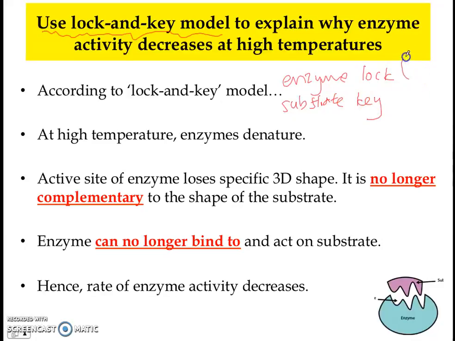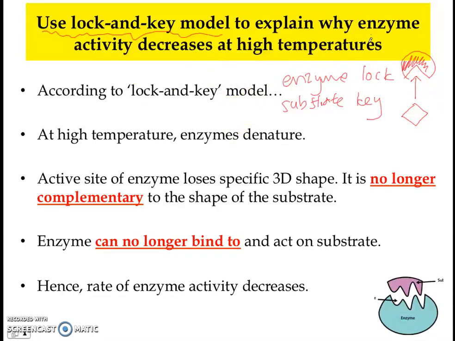The enzyme has an active site that has a three-dimensional shape which is complementary to the substrate. The substrate is able to fit into and bind to the active site. So that's your lock and key model.